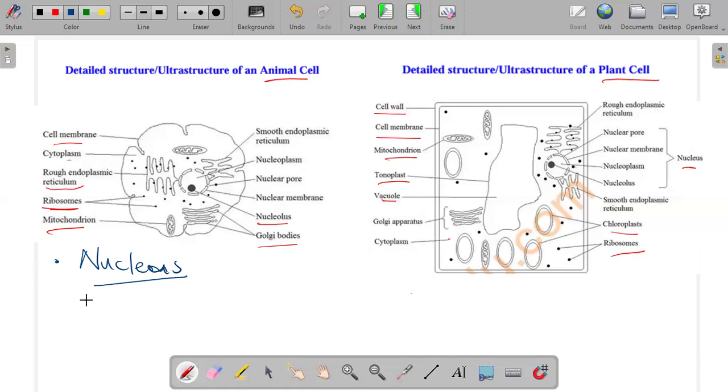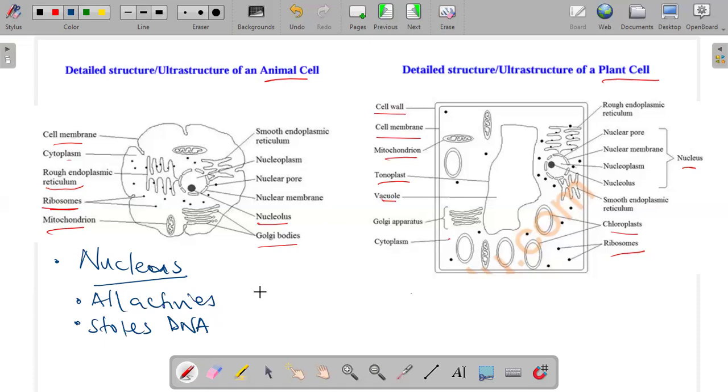Secondly, it stores DNA. The DNA, or genetic information, is stored in the nucleus. So these are the two main functions of the nucleus.